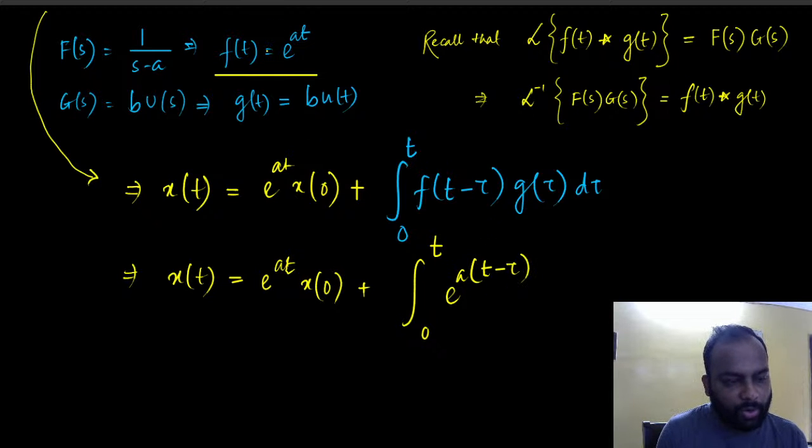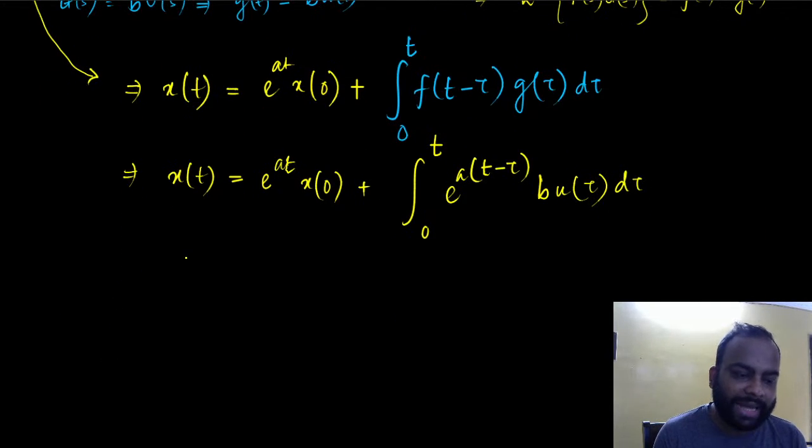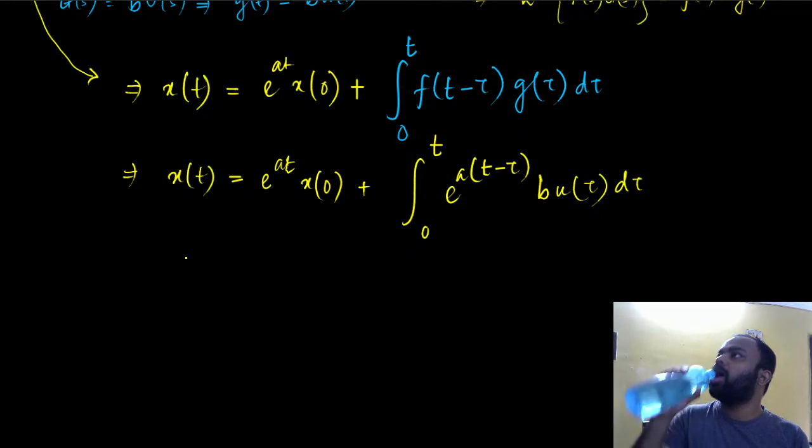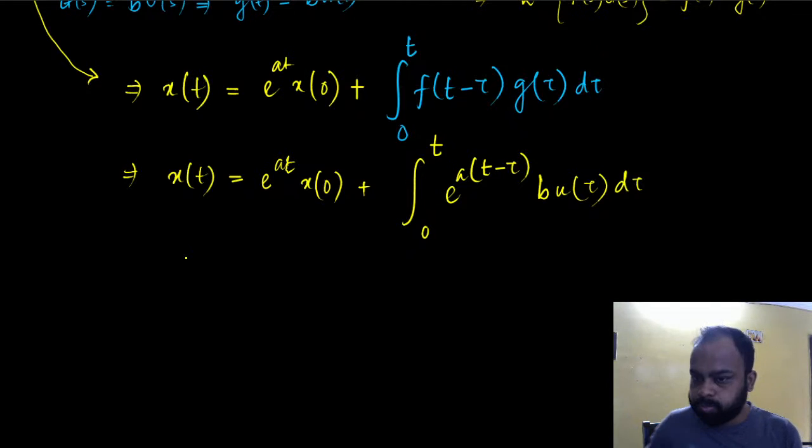And similarly, if g(t) is b u(t), then g(tau) is b u(tau), and we are integrating with respect to tau. Notice that this is exactly the form we ended up with yesterday when we solved this differential equation using the integrating factor technique. But this time around, we have made use of the Laplace transform technique. Let me know if you have any problem understanding this.